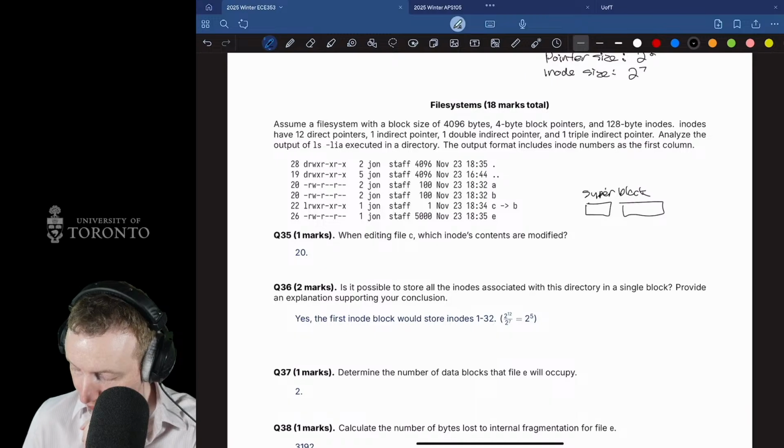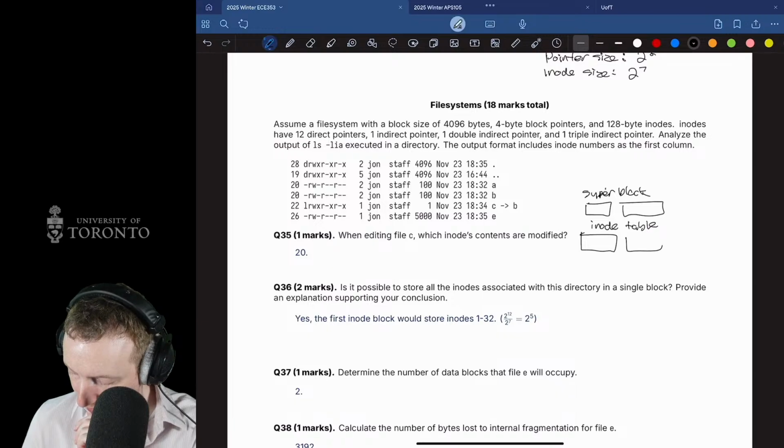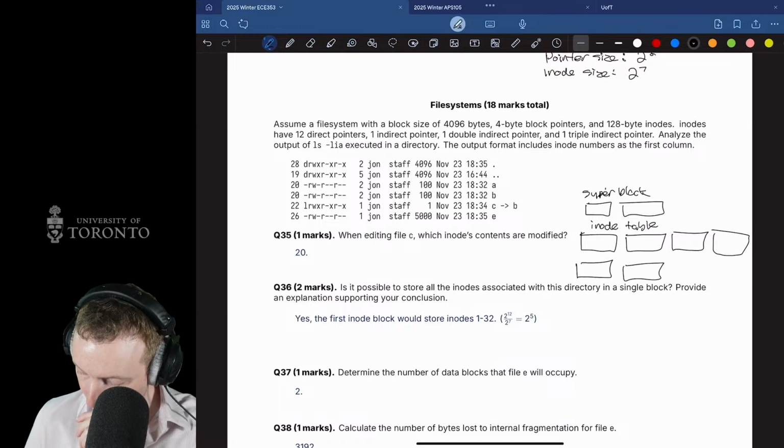Then you had your group descriptor block or whatever. And then you had your inode table. This is specifically talking about the inode table. And the inode table was basically just a big array of inodes.